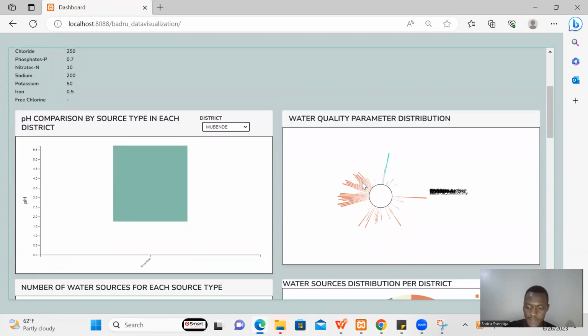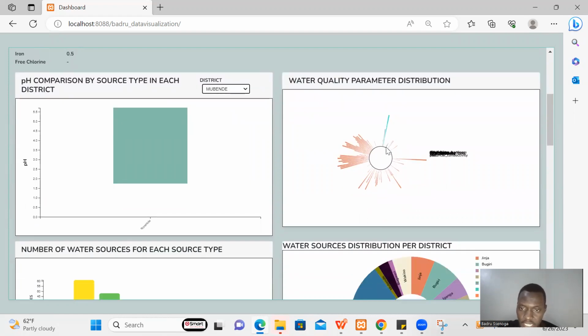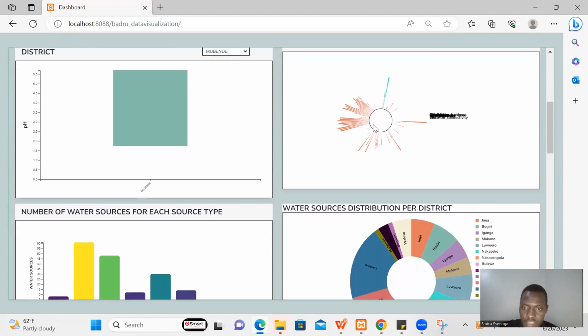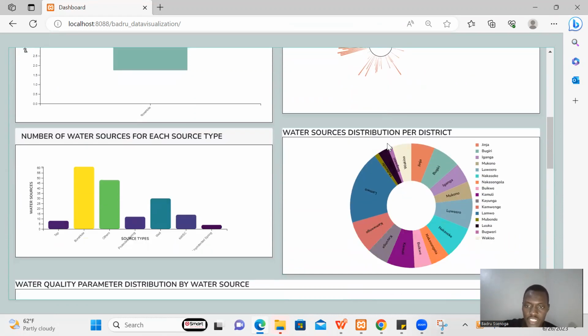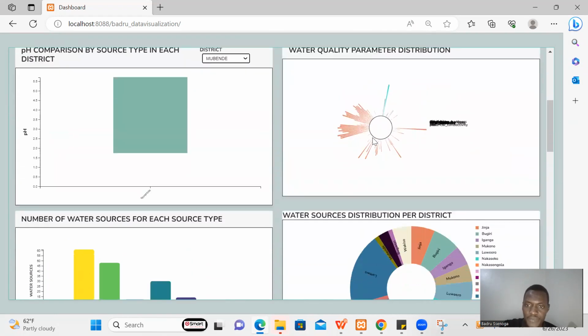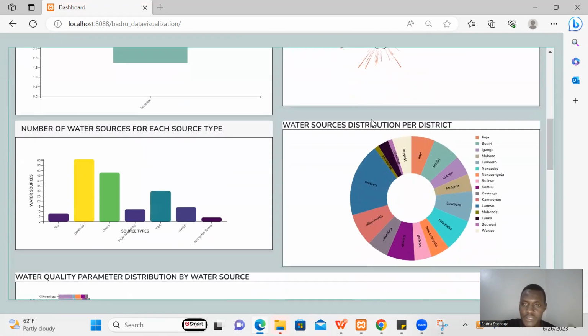So you realize it's a good idea to visualize it with a radar chart, and even the colors pop up. Right now they are a little bit small, but as long as you see those that stand out, you can tell which particular parameter stood out from the rest.